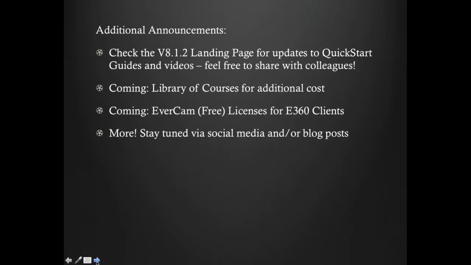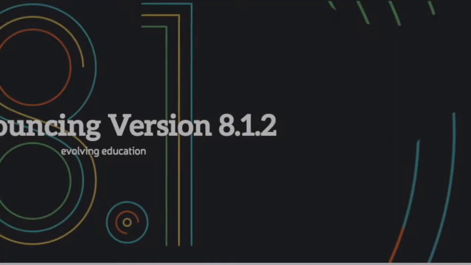And we're going to be able to give all of our E360 clients some free licenses to something called EverCam, which allows you to build content from PowerPoint instead of creating a SCORM file and having to use Adobe products or Articulate Storyline. And then, of course, stay tuned because there's more than that coming soon. We're very excited about things coming down the pipeline.